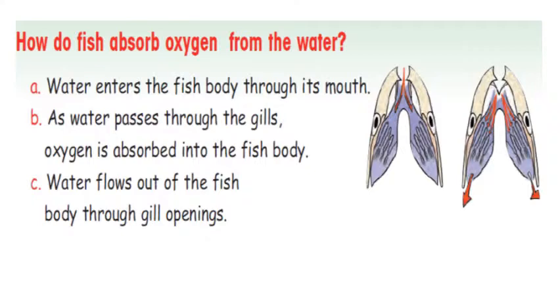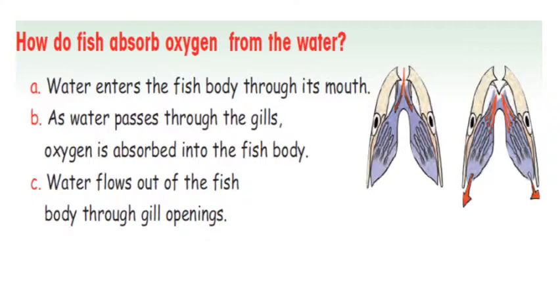So the gills, what is the job of the gills, Karim? They absorb the oxygen from the water. Last step, Karim, C. Water flows out of the fish body through gill openings.